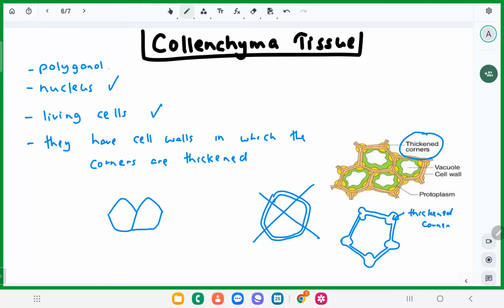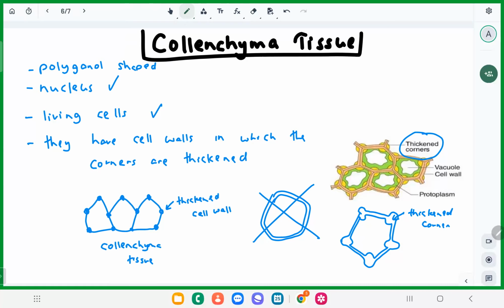If you ever get a diagram with polygonal shaped cells, where the corners of the cell walls are thickened, similar to this, you should be able to identify this as a collenchyma tissue. How do you identify this? By the unique feature of having thickened cell walls. So that is how you identify a collenchyma tissue.